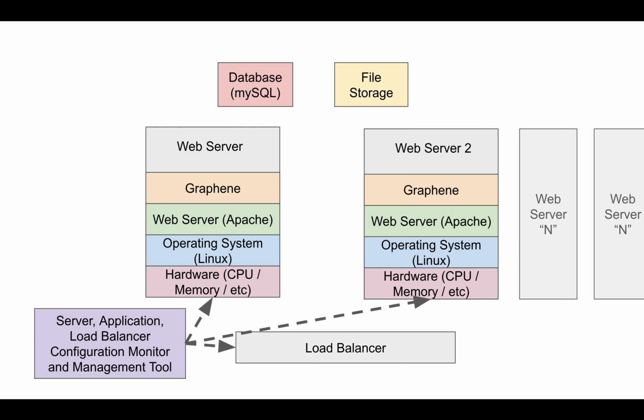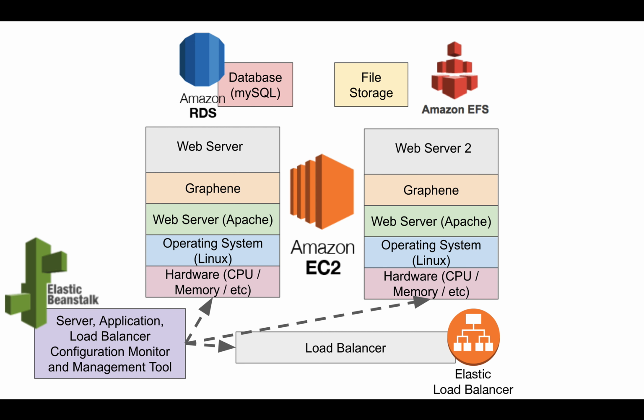Now, you could do this all in-house with existing servers. You need 1, 2, 3, 4, 5, 6, possibly more servers, depending on what your particular needs look like. Or there are systems out there which allow us to do this stuff in the cloud and a lot easier. So I'm not necessarily saying that AWS is the only way to do this, but it just so happens that Amazon Web Services has a whole bunch of services which actually meet all of these needs exactly as we have them here.